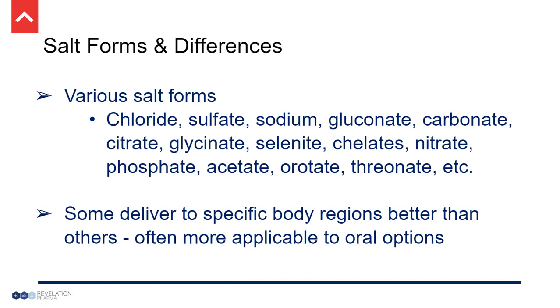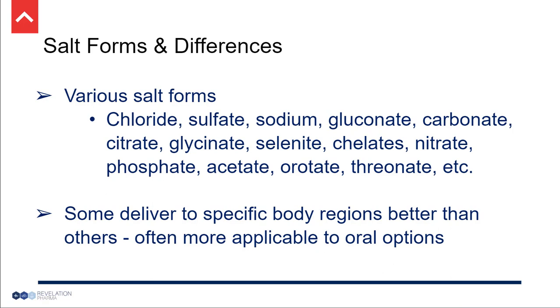So here's just some various salt forms that you might see. Some not as much in IV, but in different formulations. Some might be oral, but chloride, sulfate, sodium, gluconate, carbonate, citrate, glycinate, selenite, chelates, nitrates, phosphate, acetate, orotate, threonate. Threonate's an example of one that crosses the blood-brain barrier better, but is typically only in oral formulations.